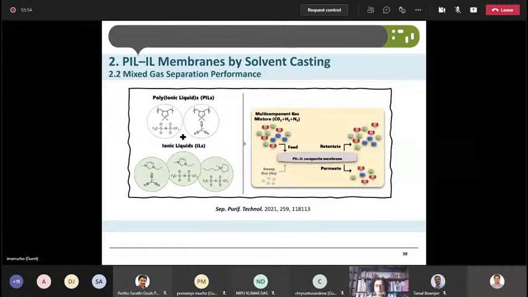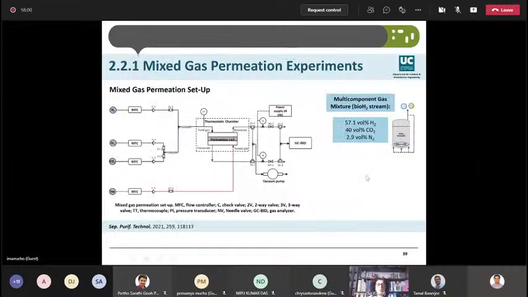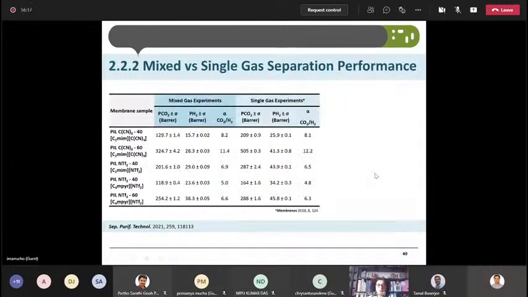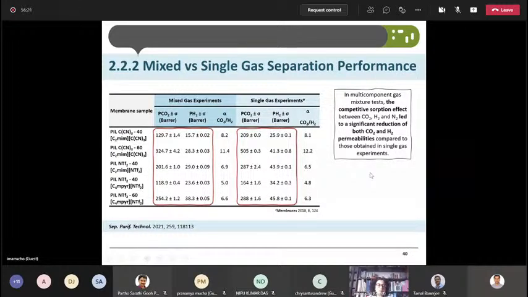We are going to introduce hydrogen, CO2, and nitrogen at the same time, simultaneously. We did this at several temperatures and several feed pressures. And the results are here, but possibly we can discuss them in terms of the Robson plot. And here they are.